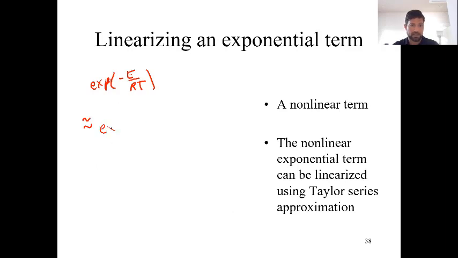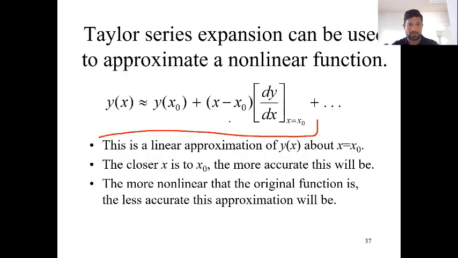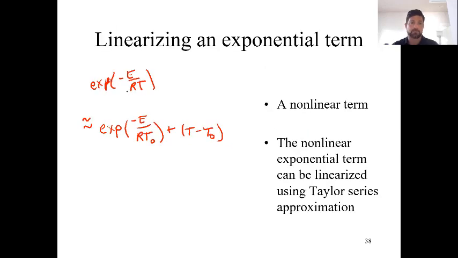So this is going to be exp of e over rt0. That's the first term, plus I have t minus t0, right? This is t minus t0 right here, times the derivative of the function around x naught. So now I have to take the derivative of this term, and then I evaluate it at t naught.